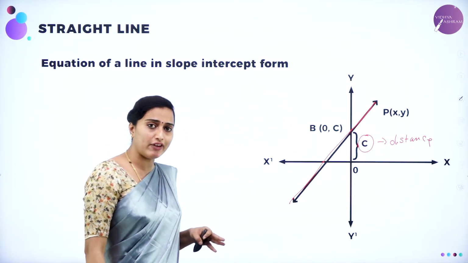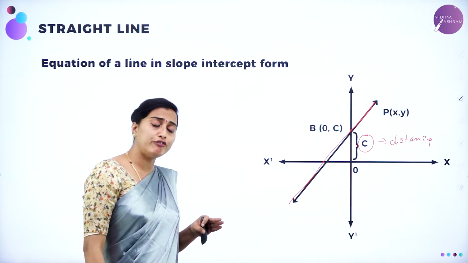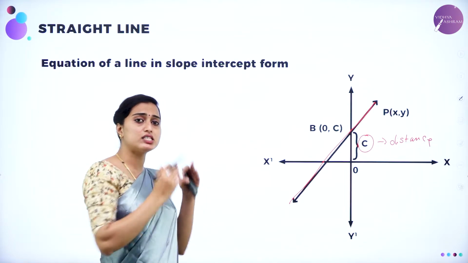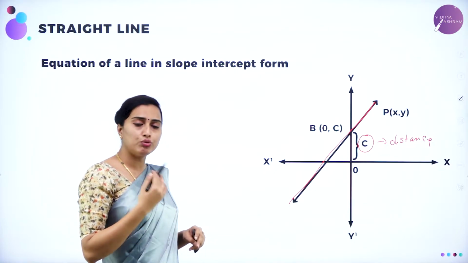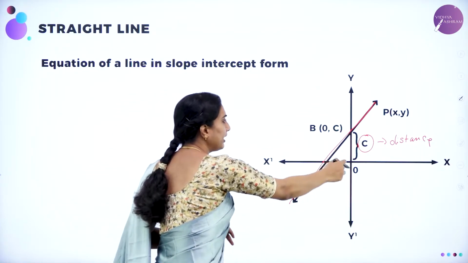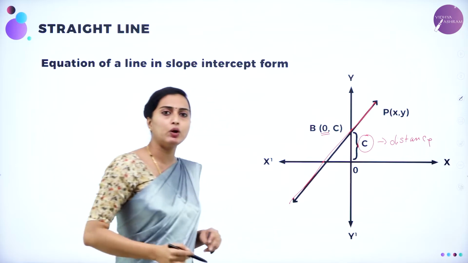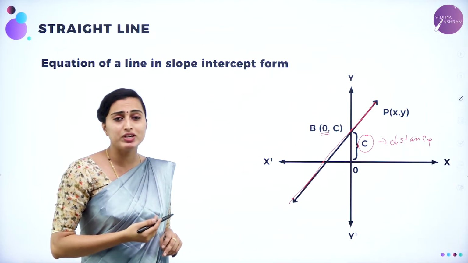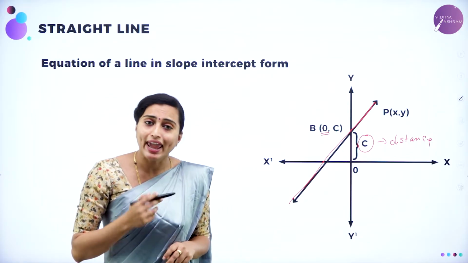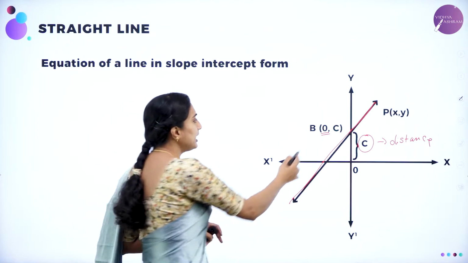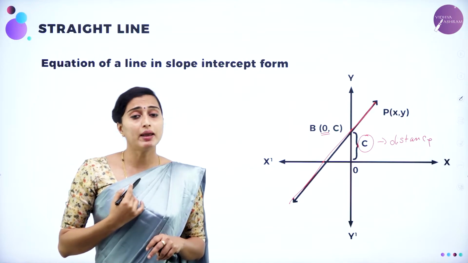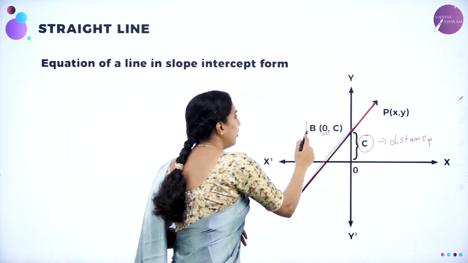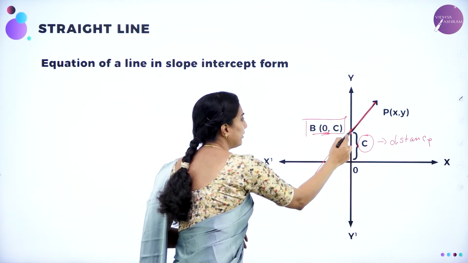That line cuts the y-axis means the distance of the line from the x-axis is C units. On the y-axis, the x-coordinate is 0, the equation of the y-axis is x equal to 0, and C is the point where the line cuts the y-axis. So I am taking a point B of 0, C.